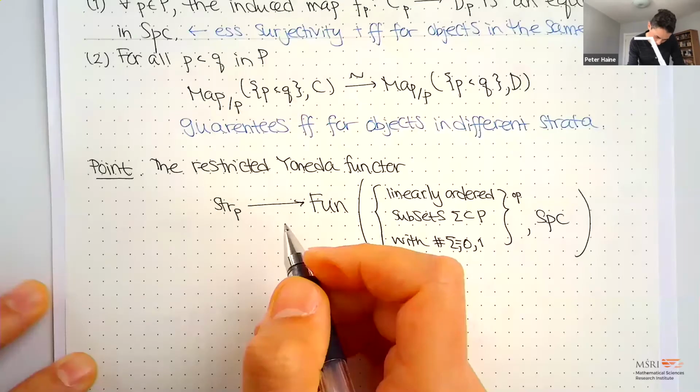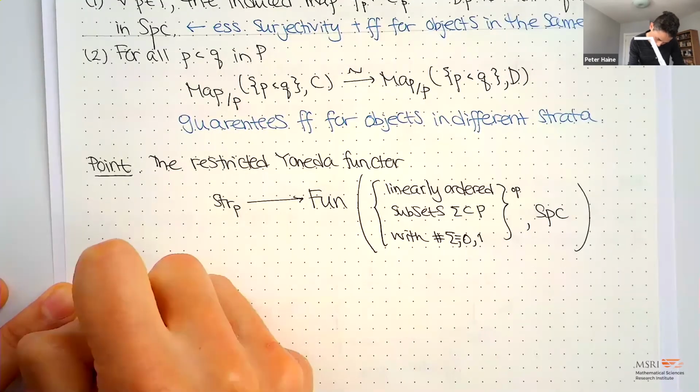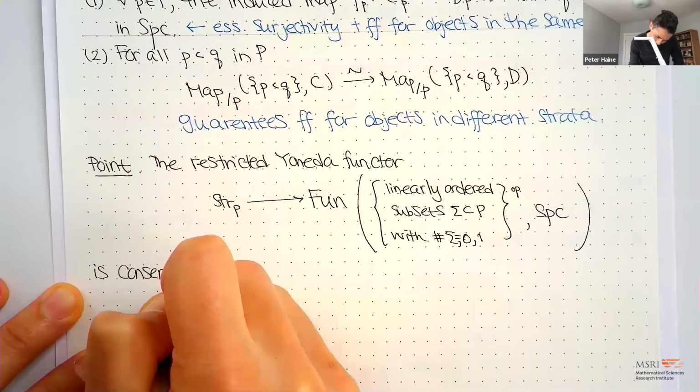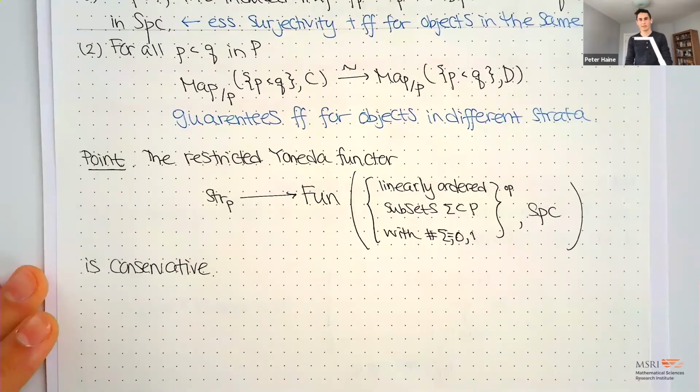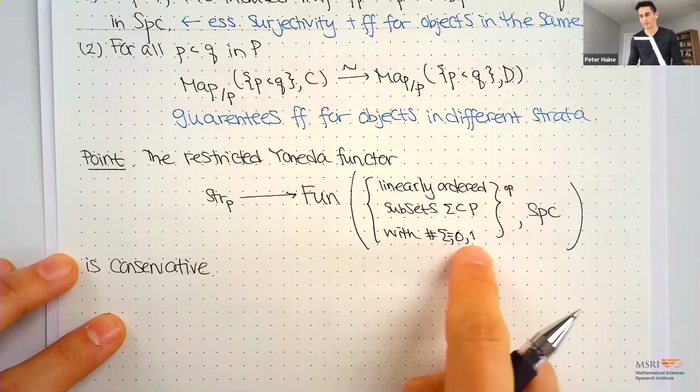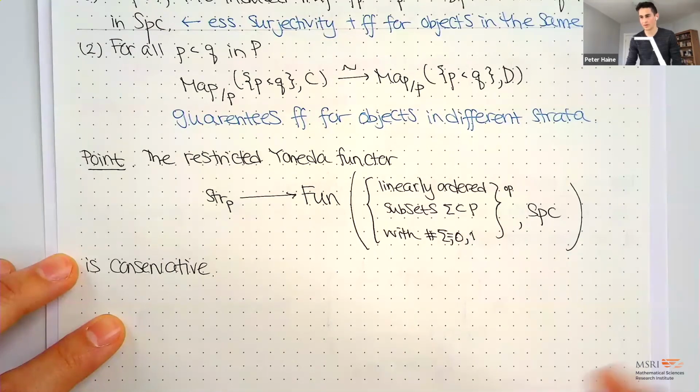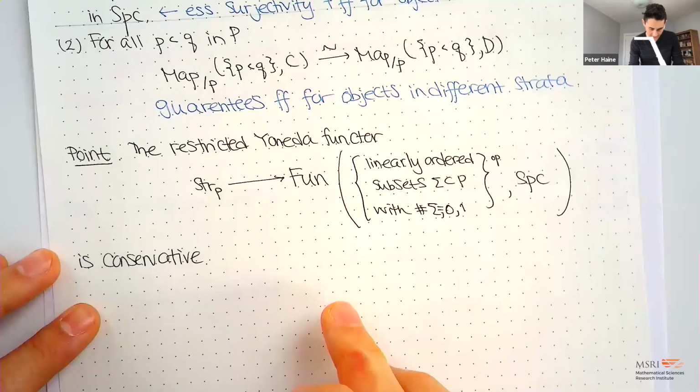This is conservative. And there's a fix to make it fully faithful, which is that you enlarge this to the whole subdivision. So what do I mean by that? Here's some notation.